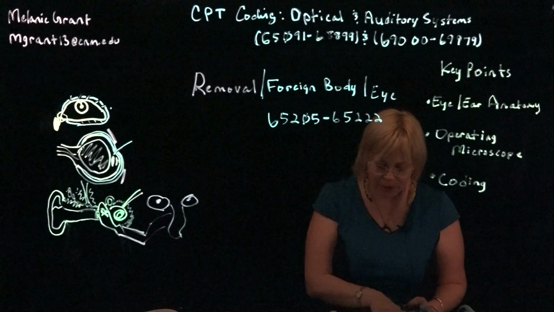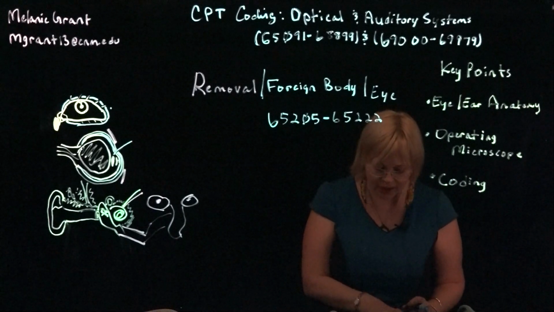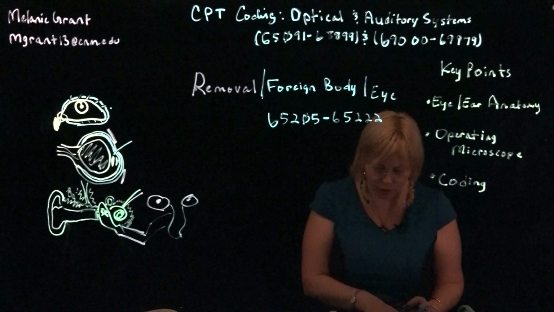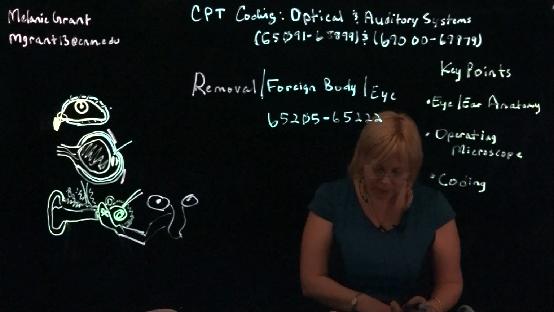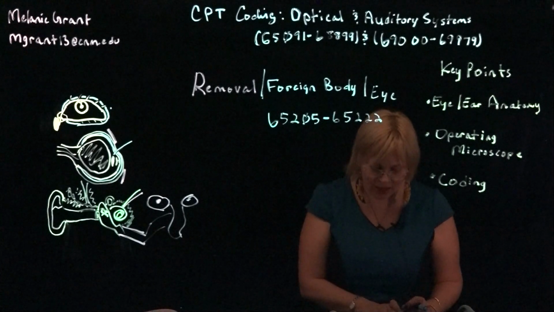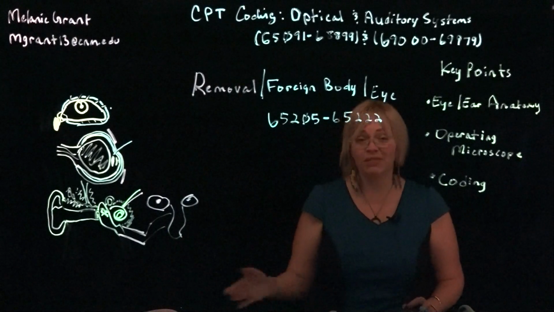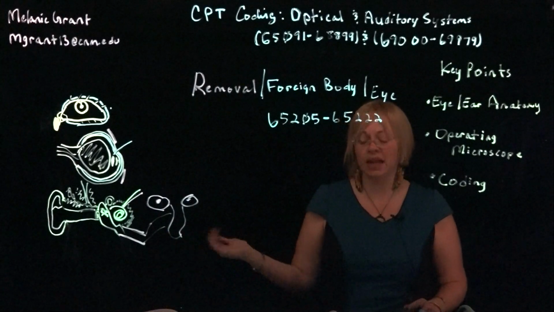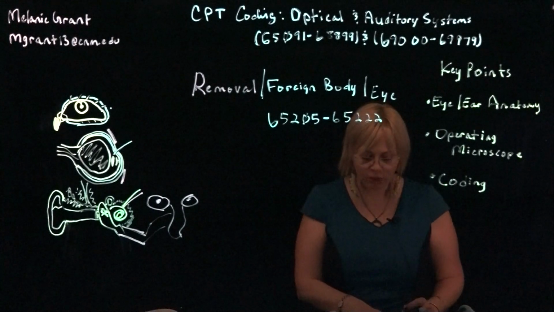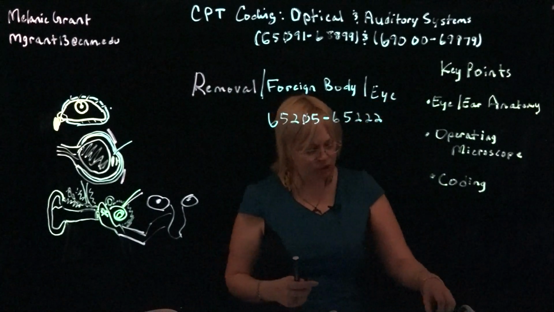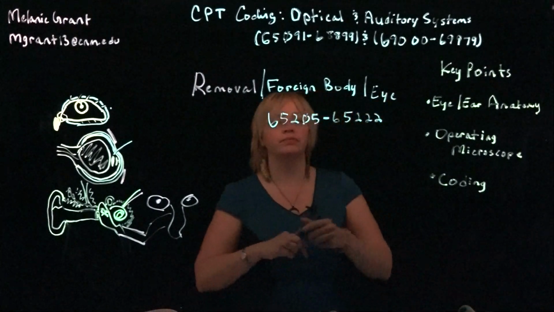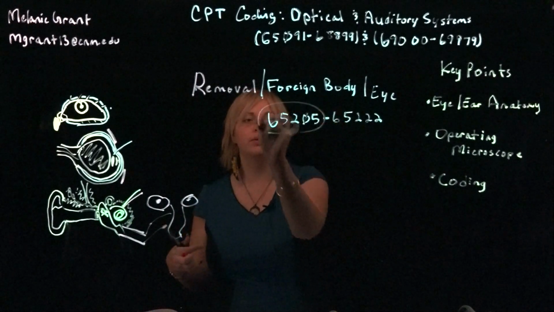For removal of foreign body of the external eye, I have conjunctival embedded, corneal without slit lamp, and corneal with slit lamp. Because none of those are indicated in my note, if it's not documented, it didn't happen. So I'm going to go with the original one I saw, 65205. And that's going to be my code.